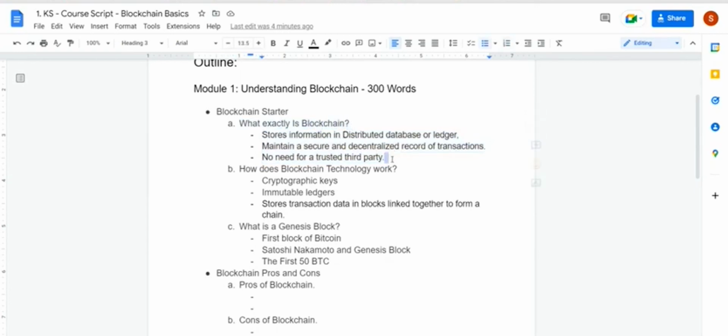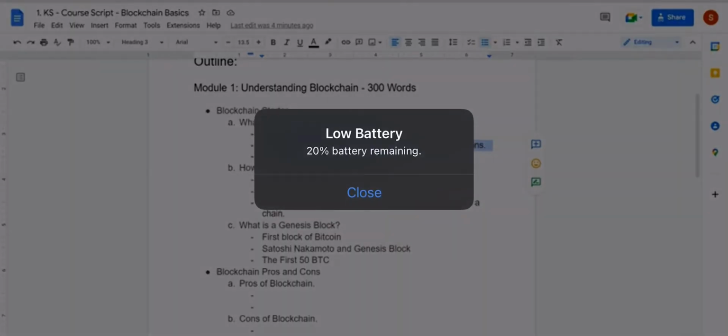Those key talking points you might get easily from a blog post or writing. So you can put one here, and two here.